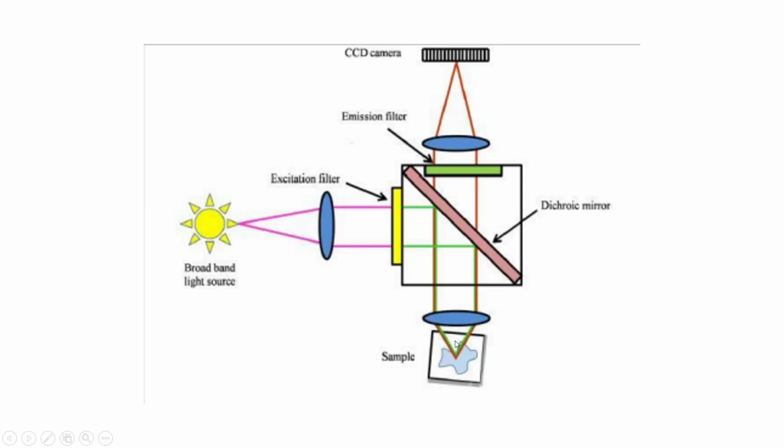Now the sample is fluorescent. The sample will emit a higher wavelength light. That higher wavelength light, this red colored light, has a higher wavelength, so it can actually pass through this dichroic mirror. So the property of a dichroic mirror is it can reflect lower wavelength lights, but the higher wavelength lights can pass through the mirror.